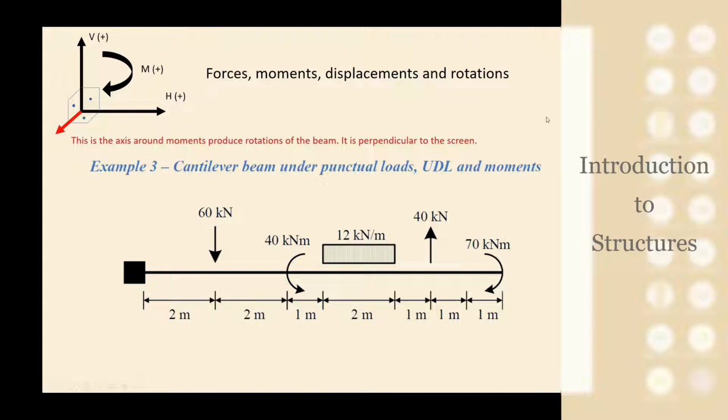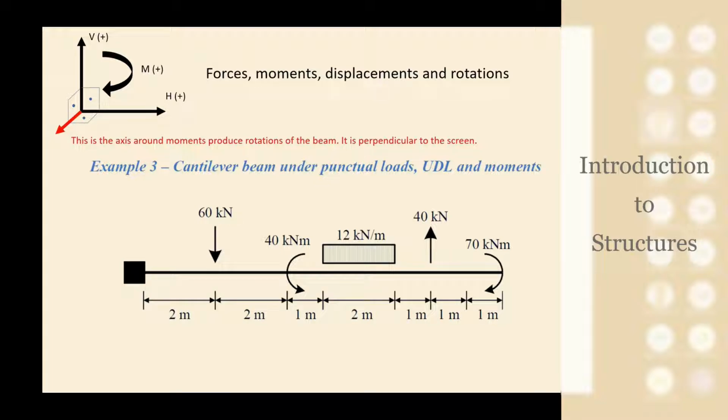The first thing that you need to remember and take into consideration when you resolve the structures in two dimensions is that we have to decide what convention we are going to use for the direction of forces and for the direction of rotations.